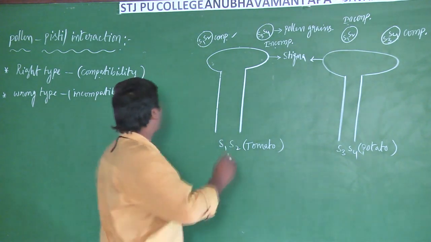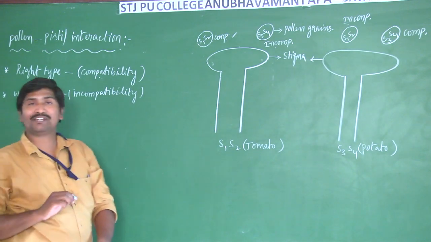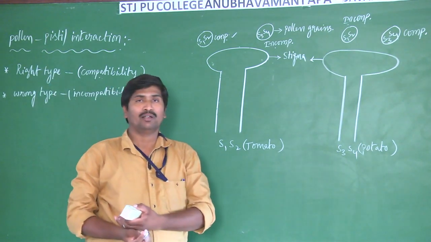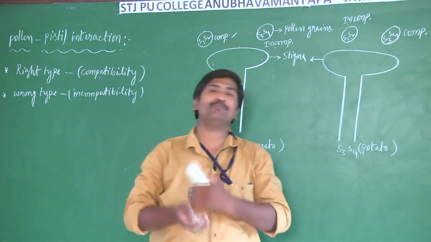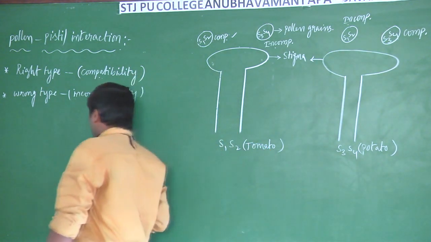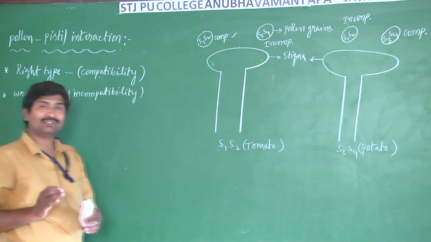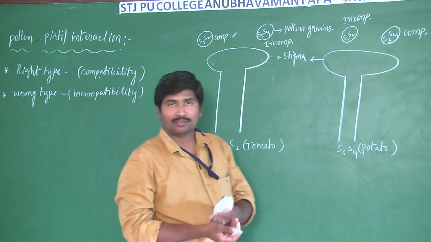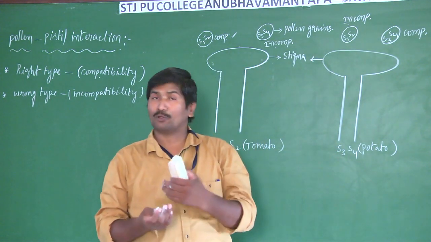Okay, next one: how is the percentage of pollen germination calculated in the laboratory? A simple method is this: first you take any flower, like balsam, Vinca rosea, or Crotalaria.